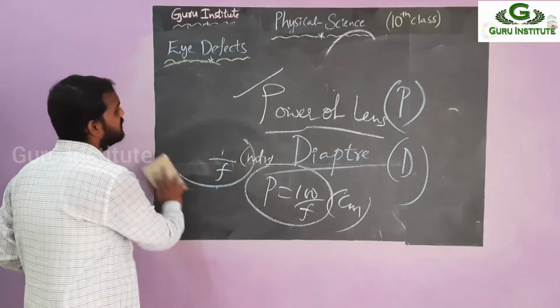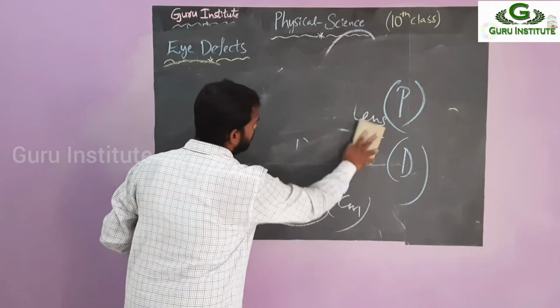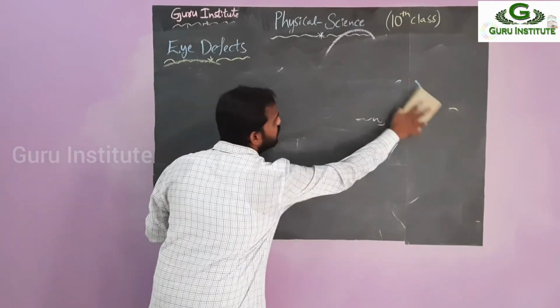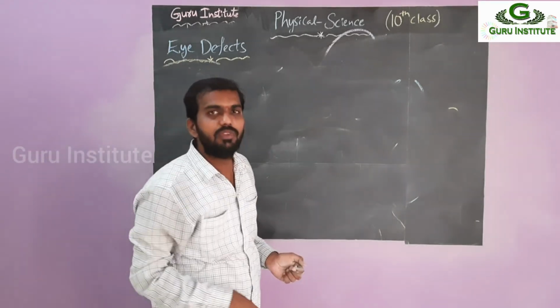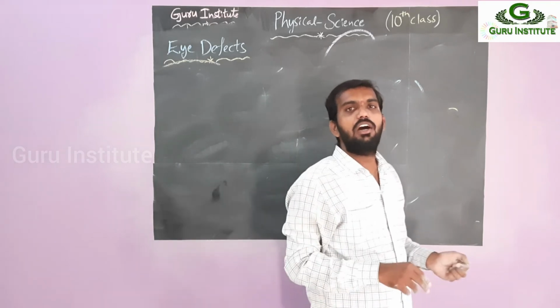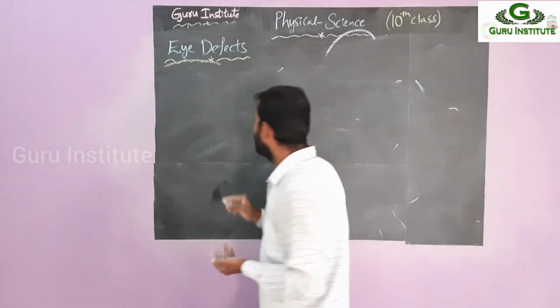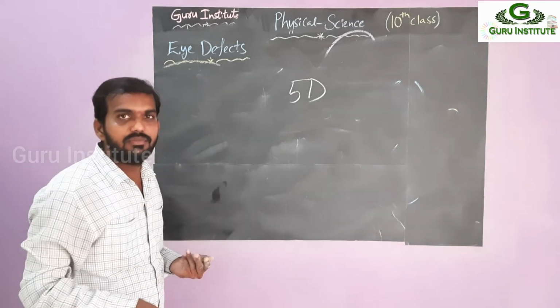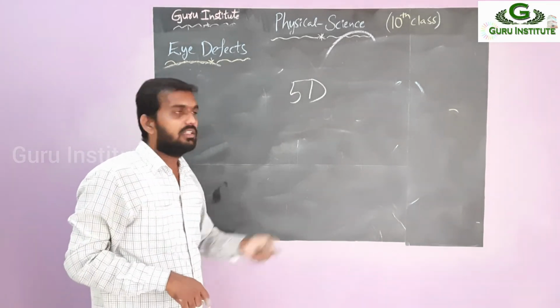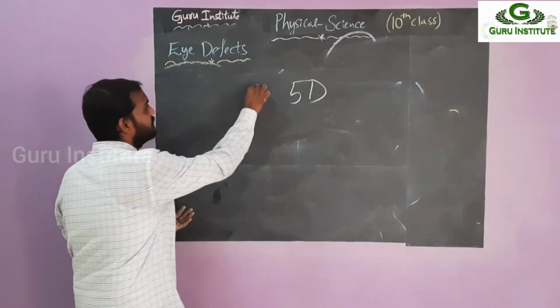In the examination, a small problem will be asked. Let me give you one example. If a doctor suggests a person to use a 5D lens, what is its focal length? 5D means he has given the power.